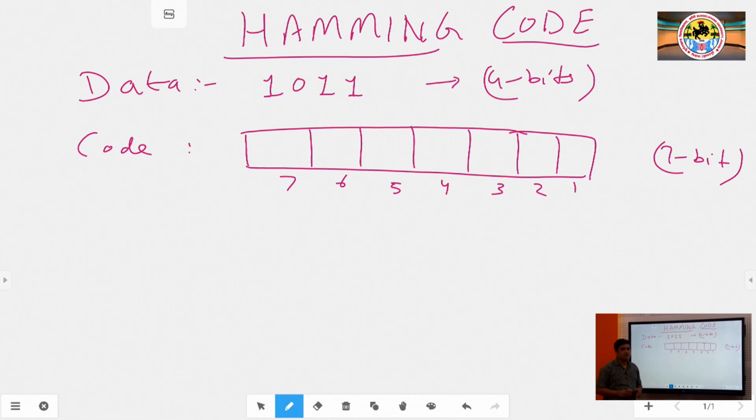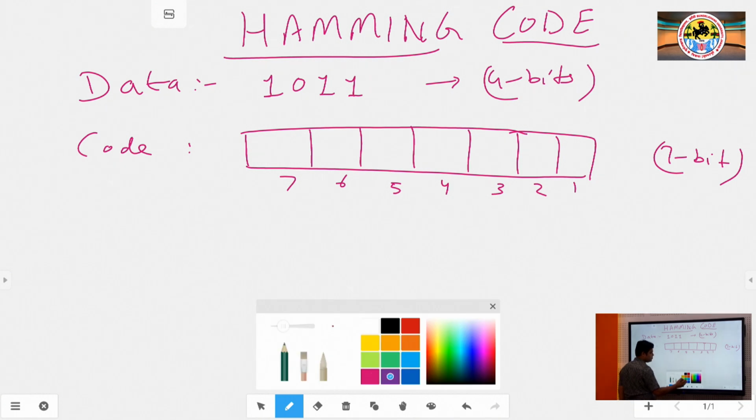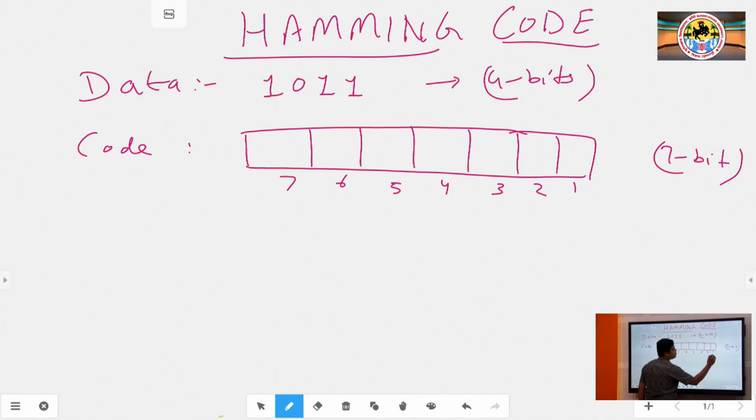Out of these 7 bits, look at these numbers which I have underlined. Actually, these numbers are in the 2 raised to the power n category. The remaining numbers do not come in this category. So, these places are special and we use these places for parity bits.